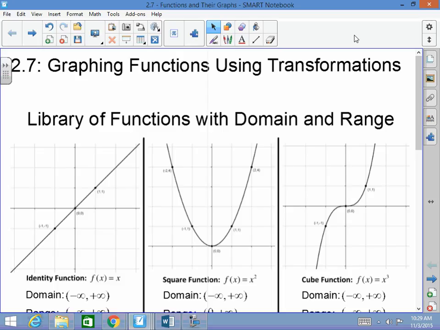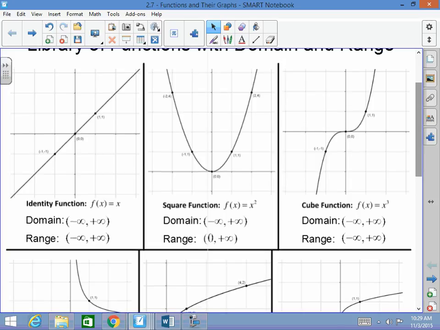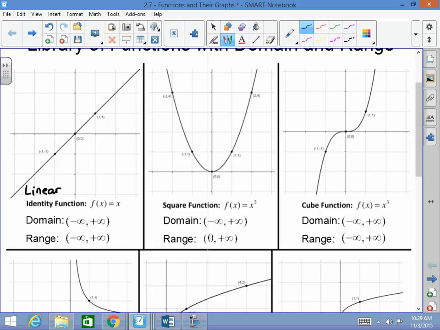But before the transformations can really help you out, you have to at least know the basic form of a function. So the first function we have here is called an identity function. It's also called linear because x has an exponent of 1. Remember, there's an invisible 1 here.